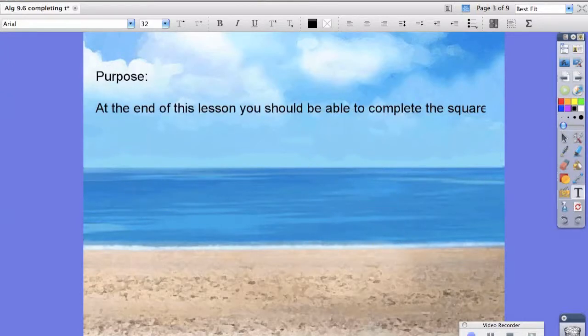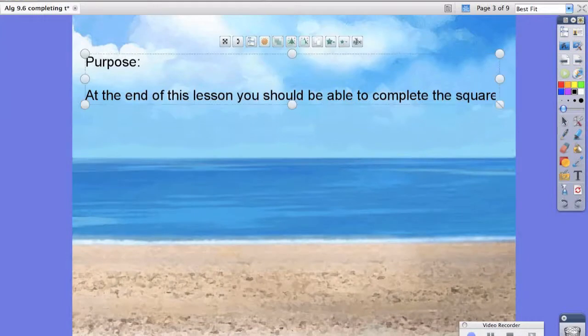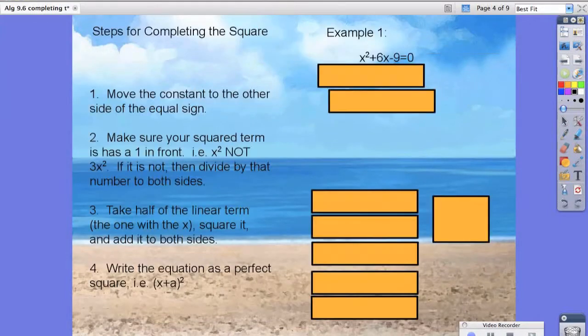At the end of this lesson, you should be able to complete the square. This has 4 really important steps that I do want to see in your notes. Step 1 is to move the constant to the other side of the equal sign. Step 2 is to make sure your squared term has a 1 in front of it, i.e. x squared, not 3x squared.